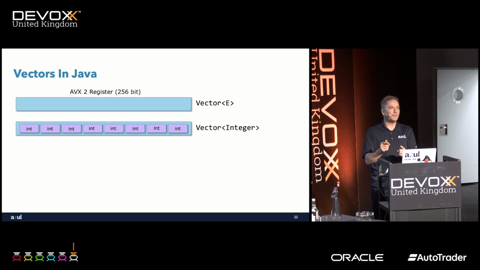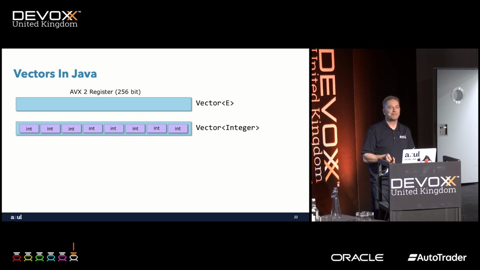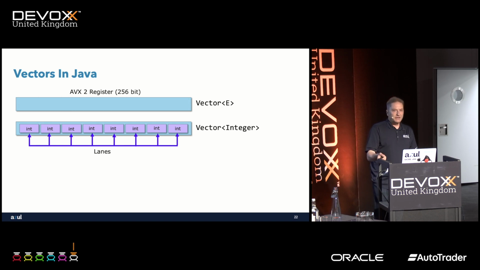Even though we talk about a vector of Integer objects, what actually gets stored in the vector is just ints, so primitives. We don't have to go through boxing and unboxing as we put values in and take values out. That gives us a number of lanes, in this case 8, which are the places where we can store the values.